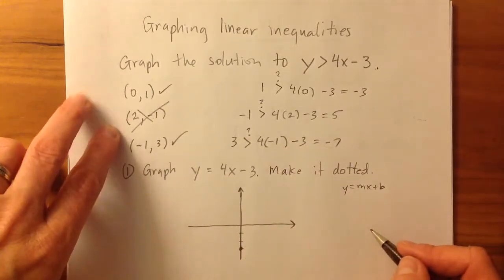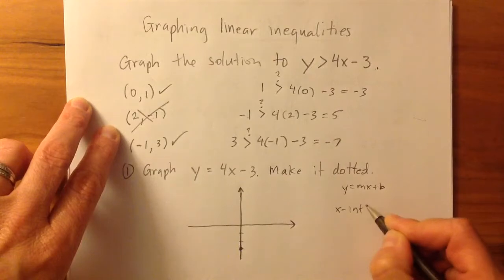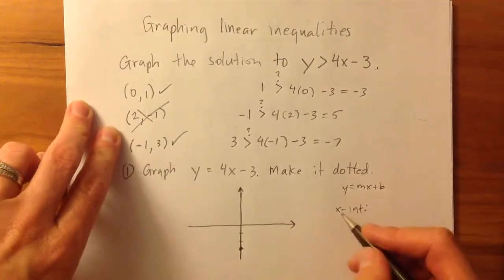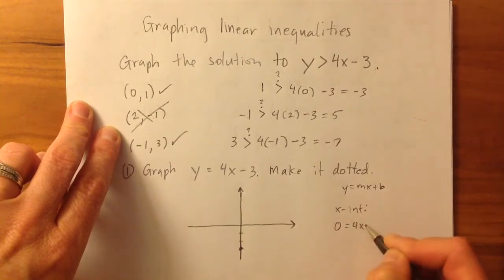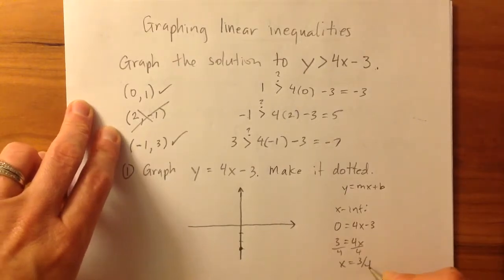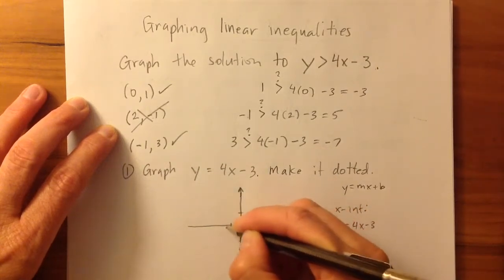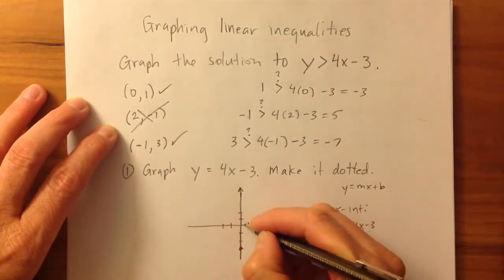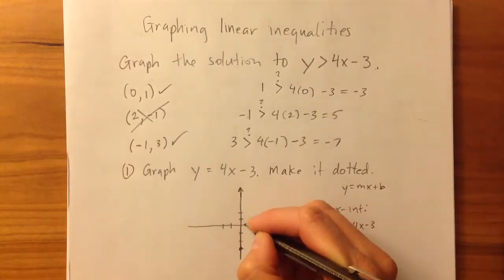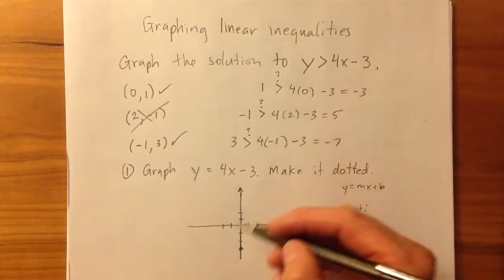And to get the x-intercept, we put 0 in for y. So if we solve this, we get 3 equals 4x, so x will be 3/4. So around right there. All right, so as I said, we're going to make it dotted because y is bigger than 4x minus 3, not equal to.